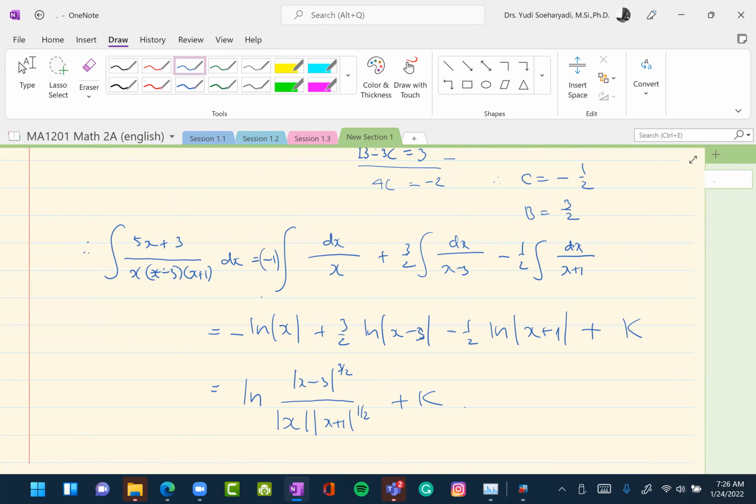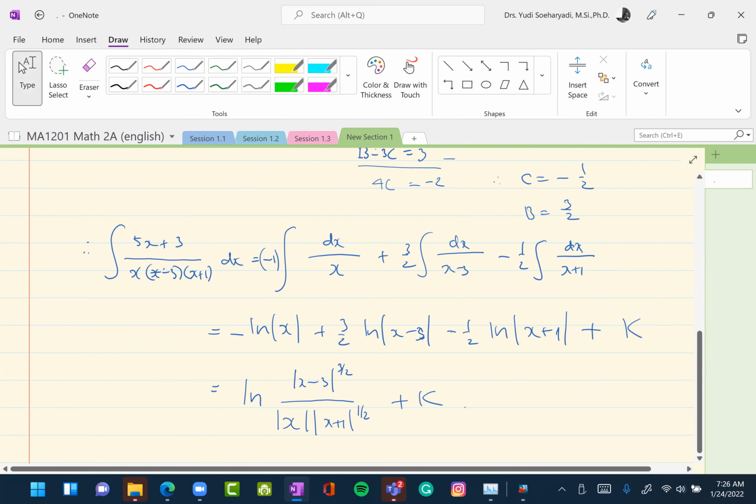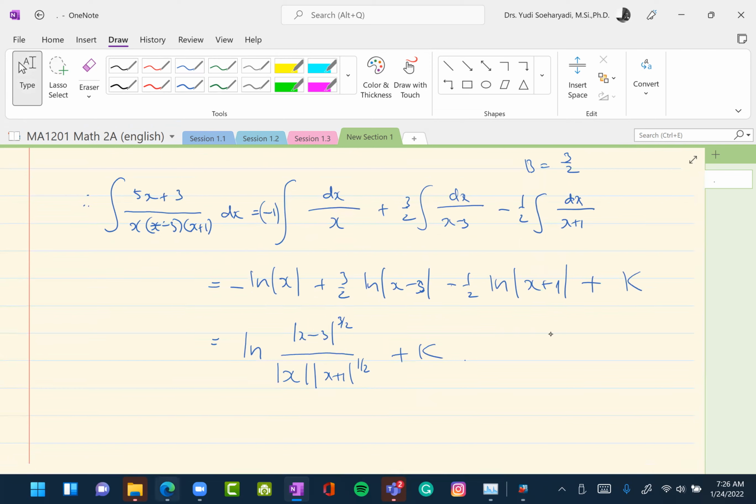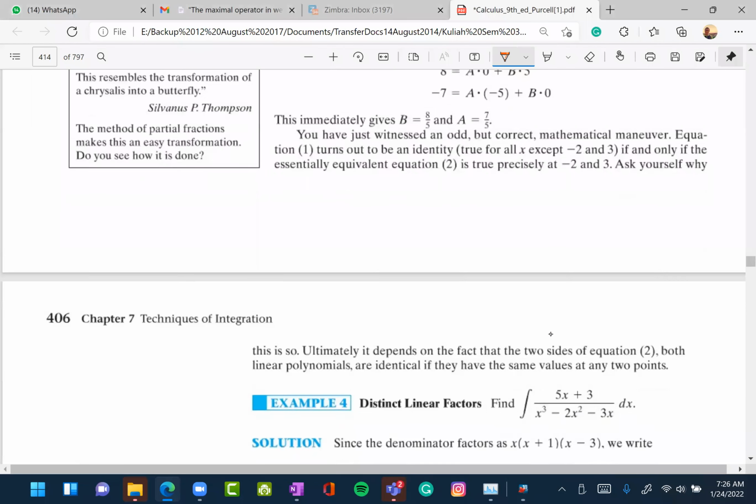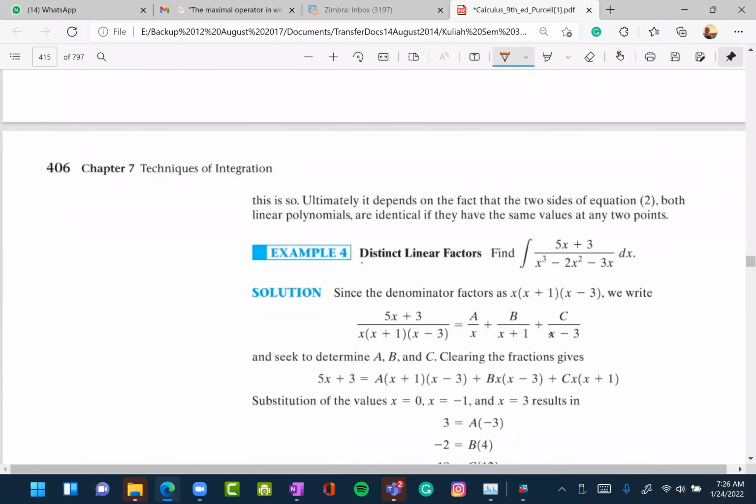All right, so let's do the next one. The next example is distinct linear factors, so you should do this one here.